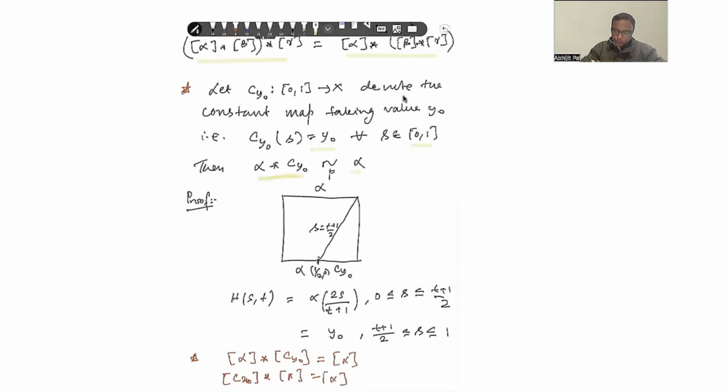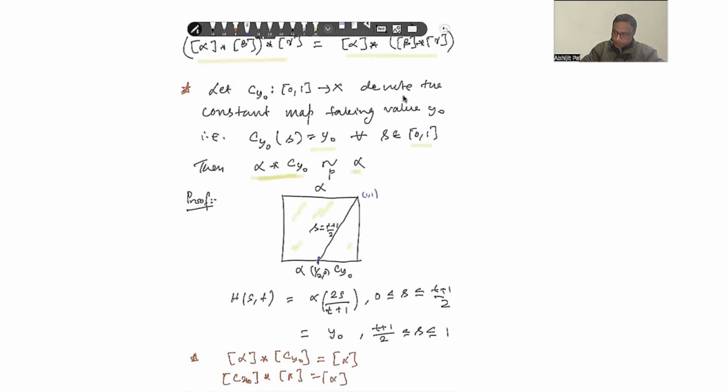And again, the image of this path is the same as the image of alpha, so the only difference is in the parameterization. So now again, how to get the homotopy? You take this unit square and join this half comma 0 point to this 1 point by a straight line.